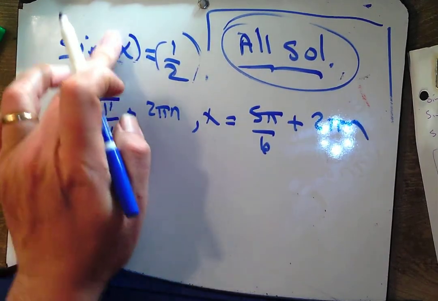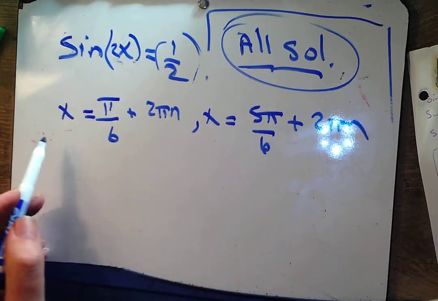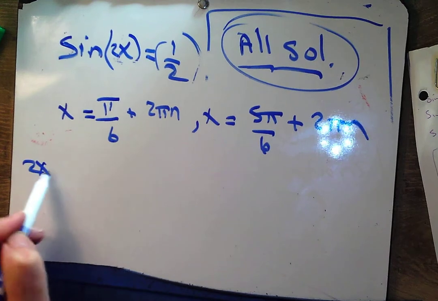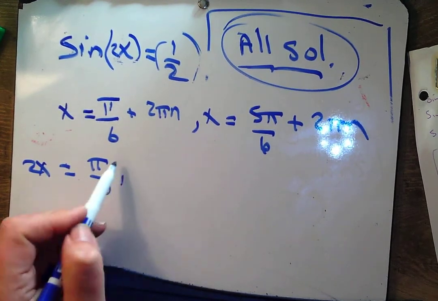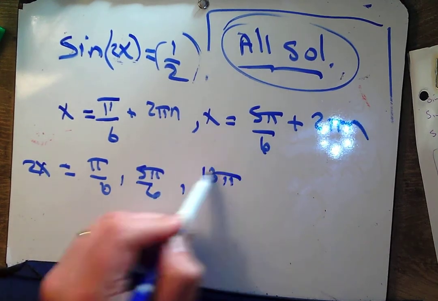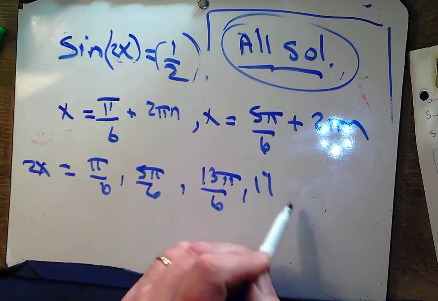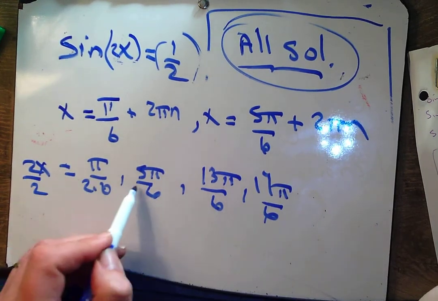When we get to that place where we're looking at sine 2x equals 1/2, and you say, okay, I know that 2x equals pi over 6, 5 pi over 6, 13 pi over 6, 17 pi over 6, and now we're saying, let's divide all of those.